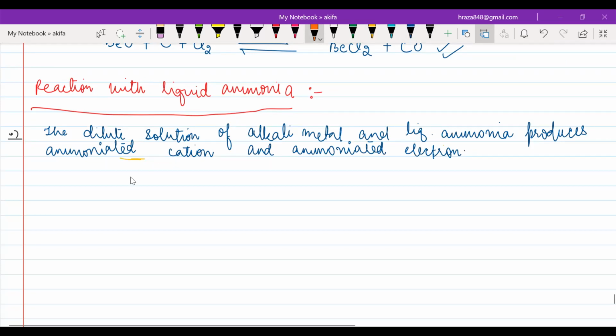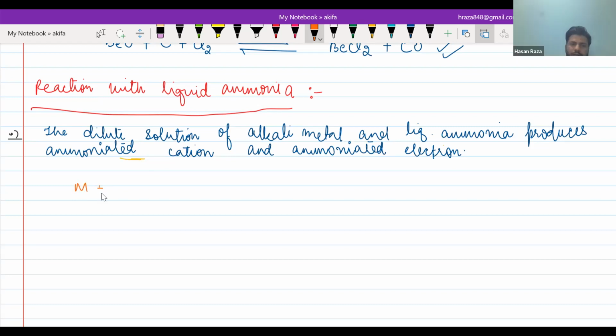Done. Now see, there is a metal and it is going to react with ammonia, and just suppose ammonia has some coefficient, that is X plus Y. Since metal has a tendency to lose an electron, metals are electropositive in nature, so the metal will lose one electron, so it will be M plus, right? Yes.